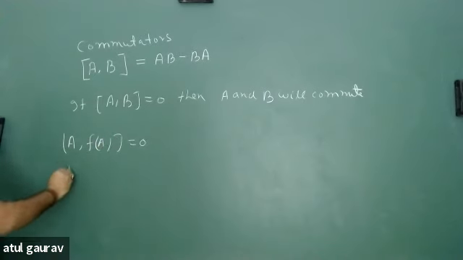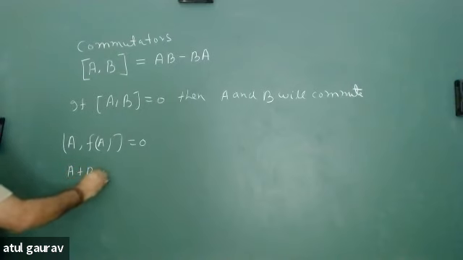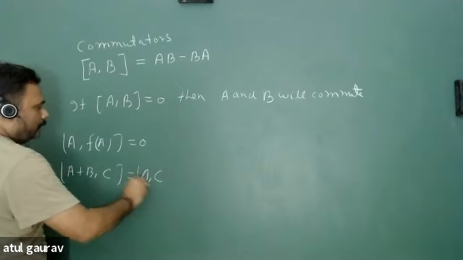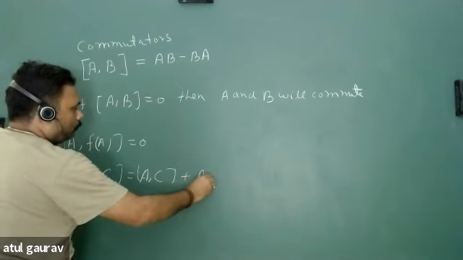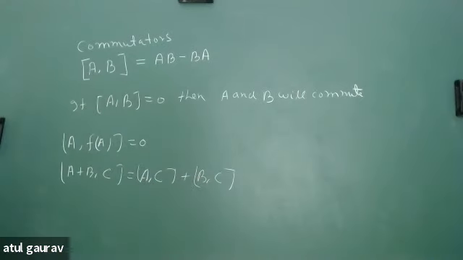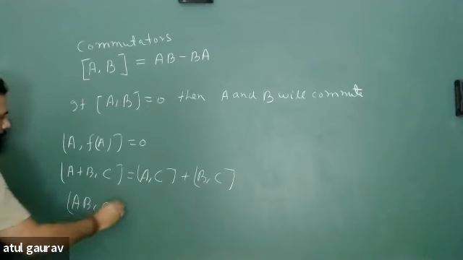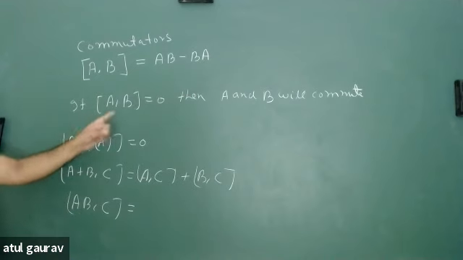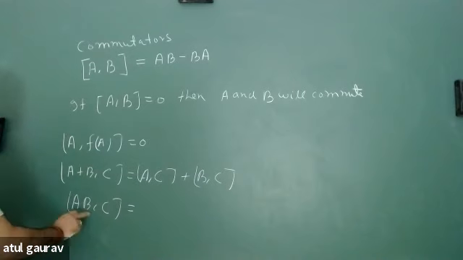You have the commutator of A plus B with C, which is AC plus BC. And this is the most important thing: the commutator of A, B and C. Obviously, here order is very important because AB is not equal to BA, though in classical mechanics they can be the same.